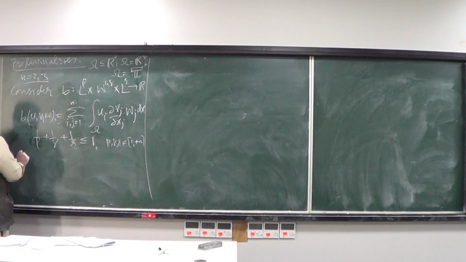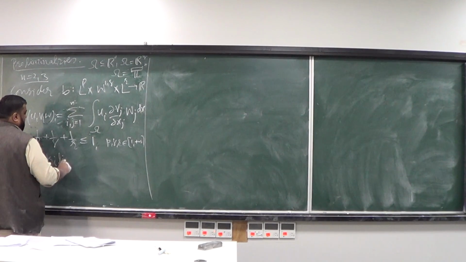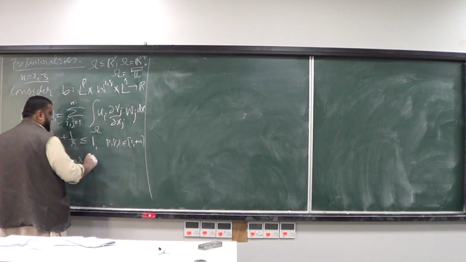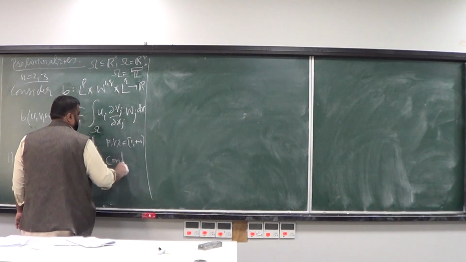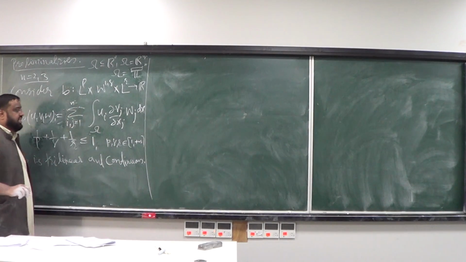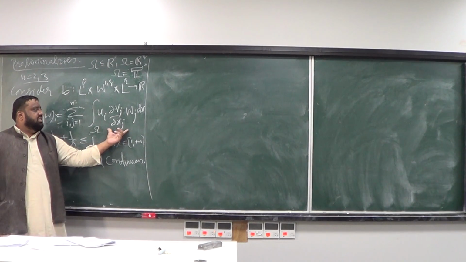Is that B is trilinear, so it's linear in each component, and continuous actually. Okay, it's trilinear and continuous. And the continuity is not difficult to show. What you can show is that this side is bounded.